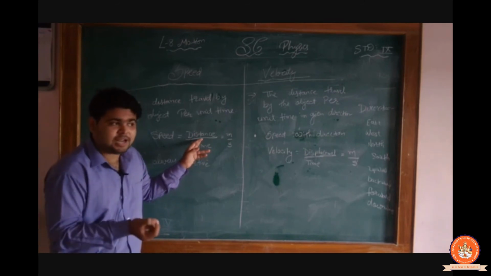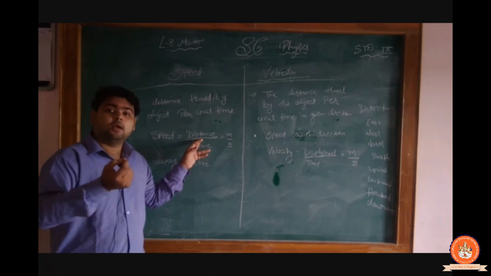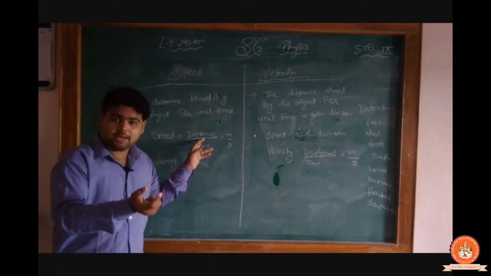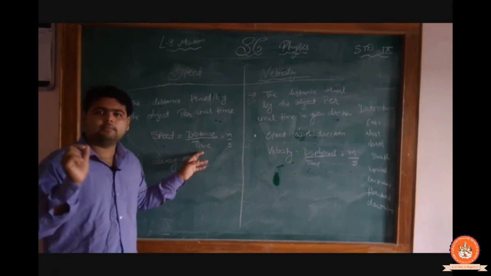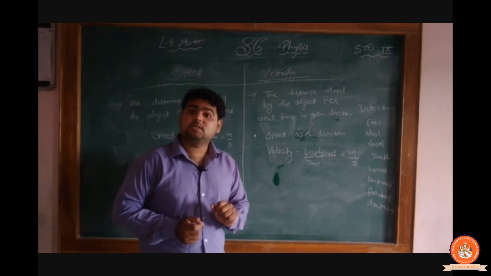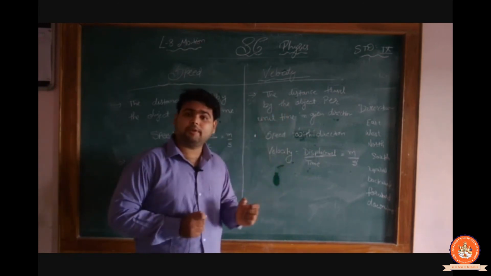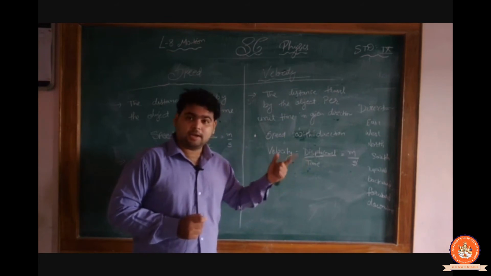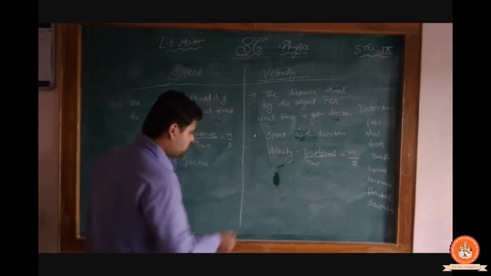Because if the person travels even one inch, we still calculate it in the positive direction. Clear? So it becomes positive. Time never becomes negative. Now, in the previous topic the difference we wrote for displacement was negative, positive and zero. So we can include it here also.